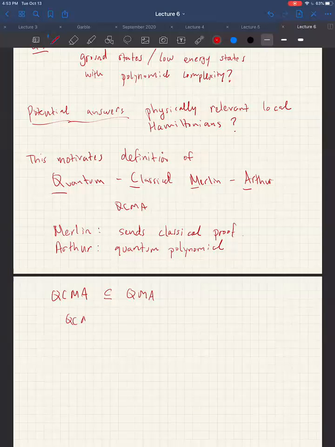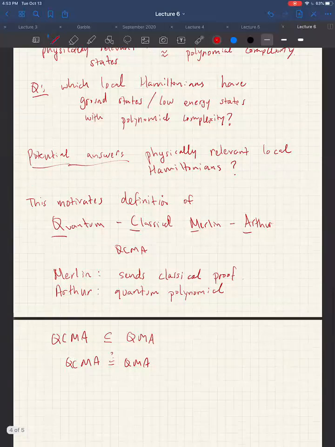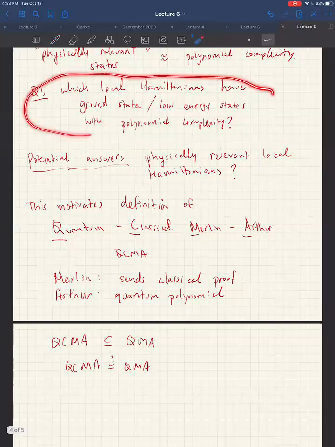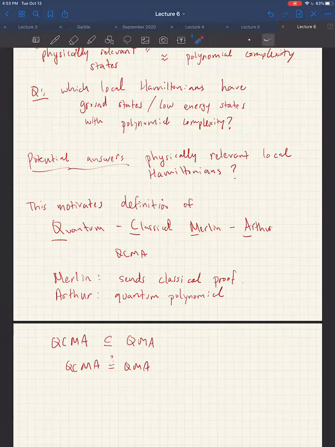But the question of whether they're the same really captures this question right here. If they were the same, then it would say that you can always give a classical proof of a ground state, a classical proof that a local Hamiltonian has a low energy state.